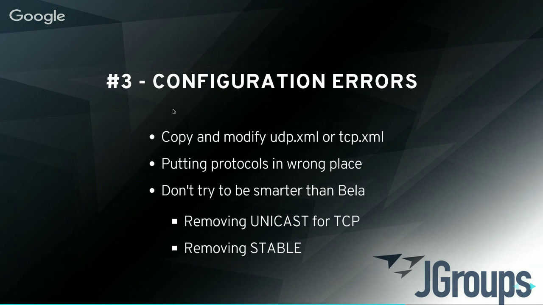Sometimes some solutions are not so obvious. For example, if you use TCP, you might think that TCP supports retransmission, so you probably won't need UNICAST, which actually does retransmissions of the messages when you're in a cluster. For example, if for whichever reason some messages are dropped, JGroups will ask to retransmit them.